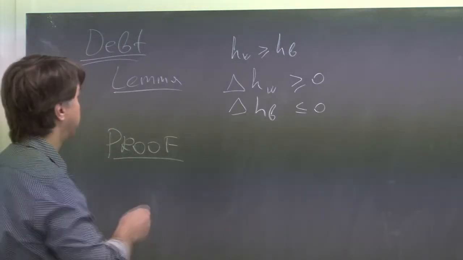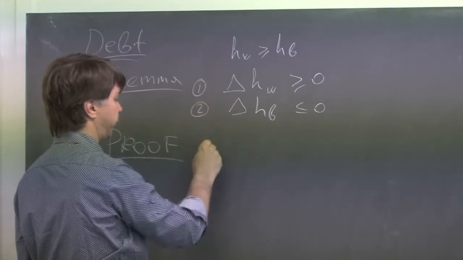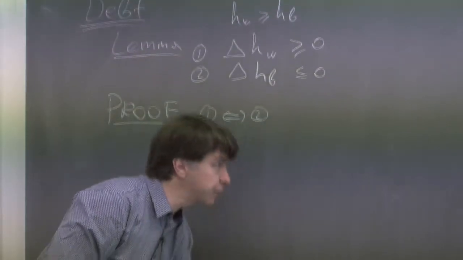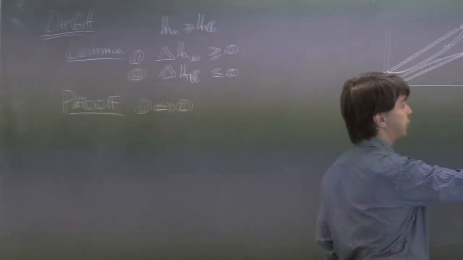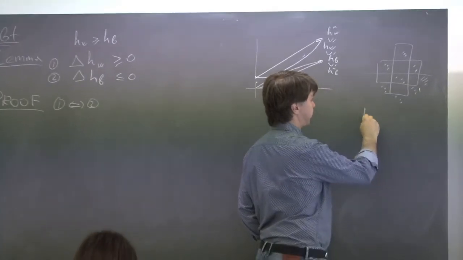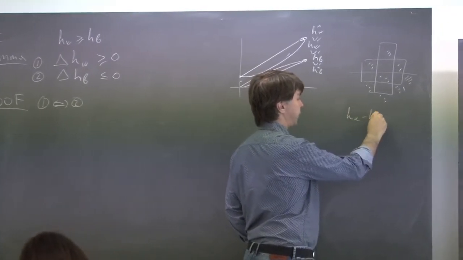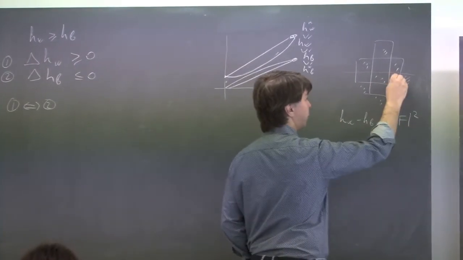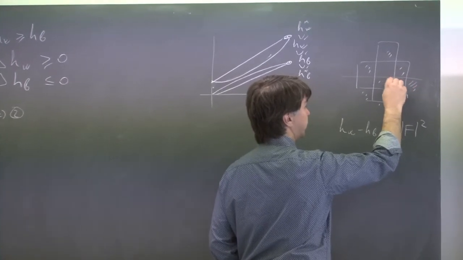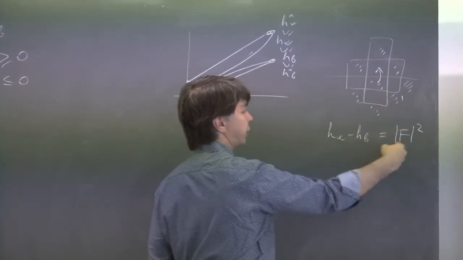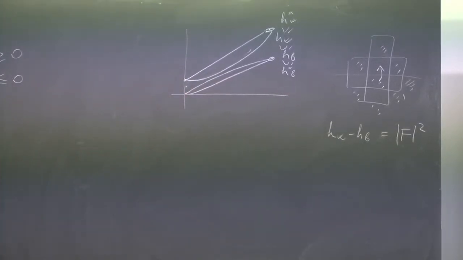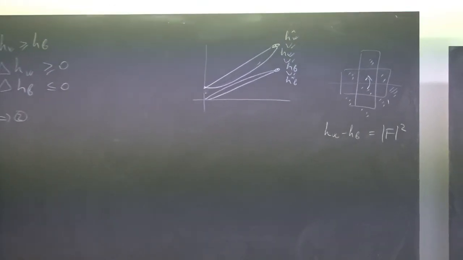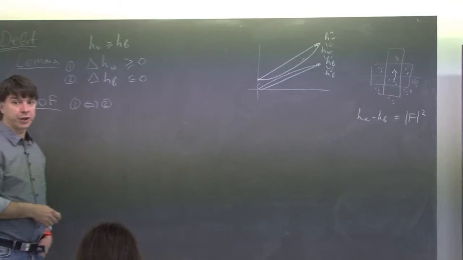First of all, maybe I'll note that 1 is more or less equivalent to 2, because what was here the definition? The definition was that h white minus h black is equal to absolute value of f squared, on the h in between them when we jump. So if we jump from black to white, we increase. So if we jump from white to black, we decrease. So in a sense, one can switch from h white to h black by just taking the negative. So if one is subharmonic, the other is superharmonic.